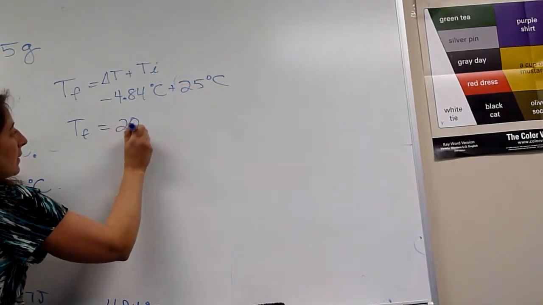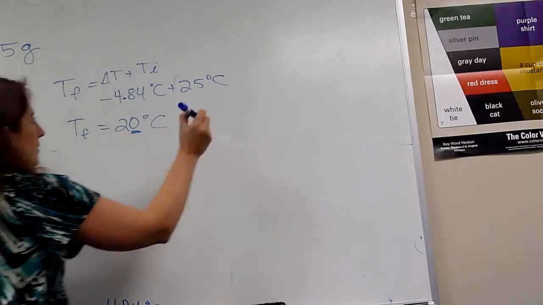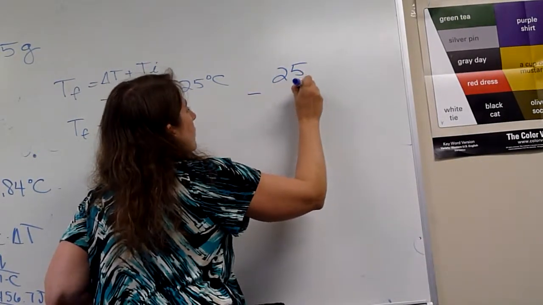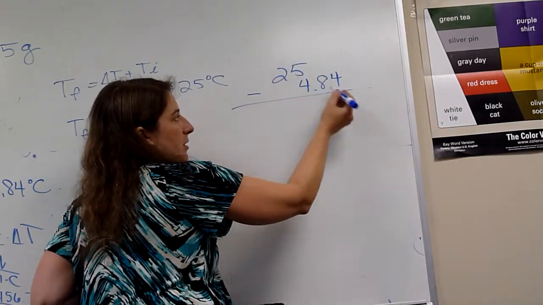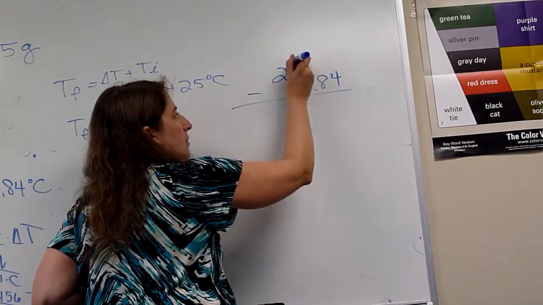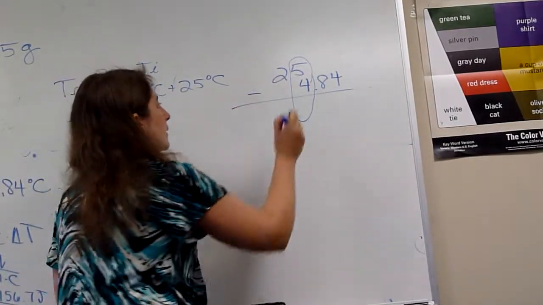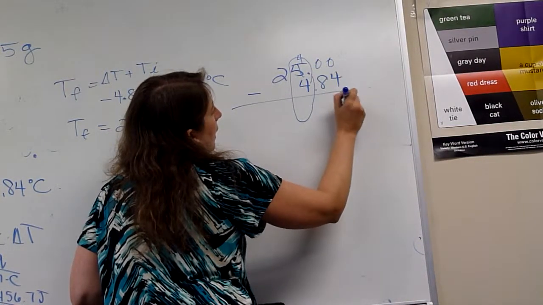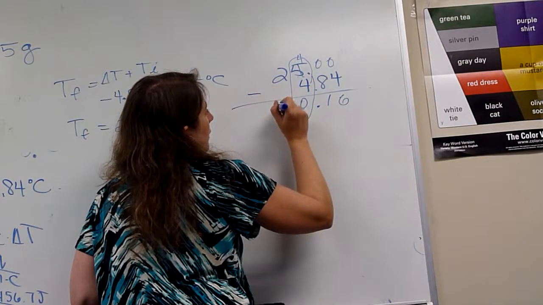But it's two significant figures. Yes. So let's do it out. So we've got 25 minus 4.84. This has significance to the ones place, this to the hundredths place, but we have to take the worst situation possible. So we have to round to the ones place. But when we do the subtraction, we get this.